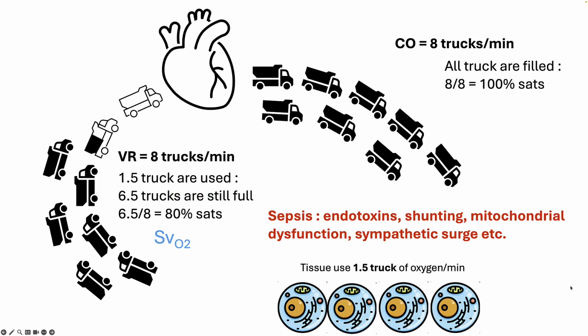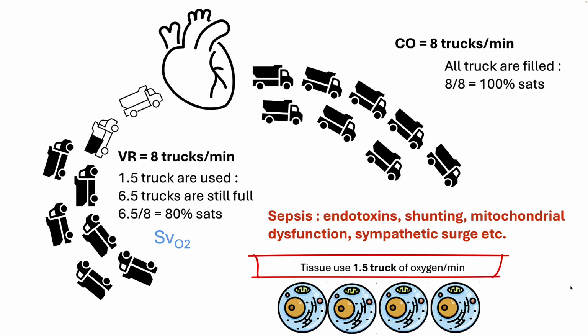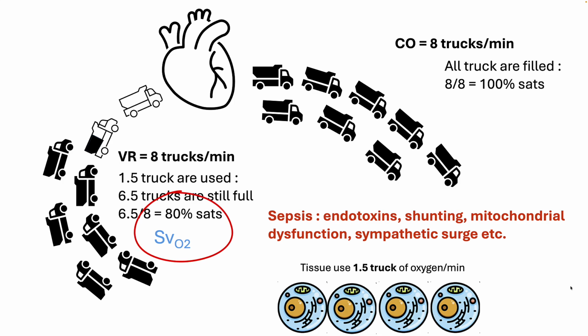Now VO₂ in sepsis can be highly variable. Sepsis is a hypermetabolic state. However, because of endotoxin and mitochondrial dysfunction, the amount of oxygen used by the tissues might be much lower than expected. Say for example, your tissues are using only 1.5 trucks of oxygen. Your venous return is now 6.5 out of 8.